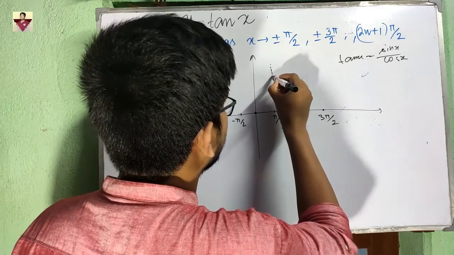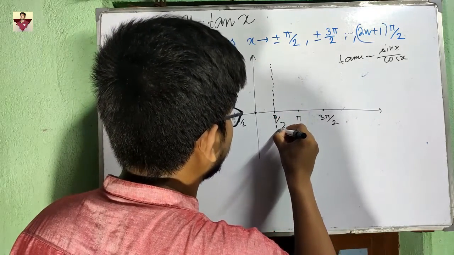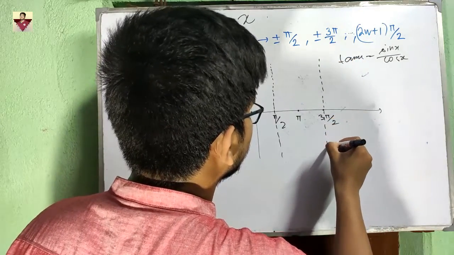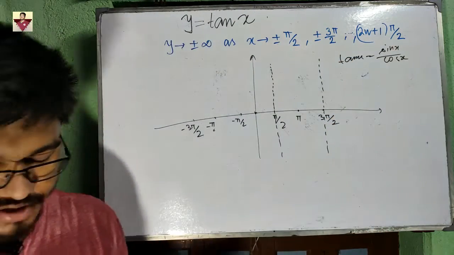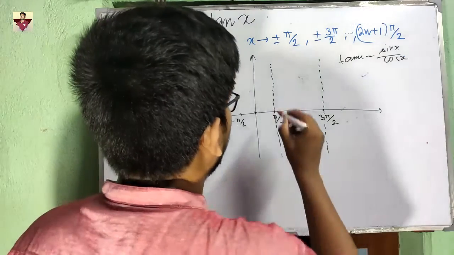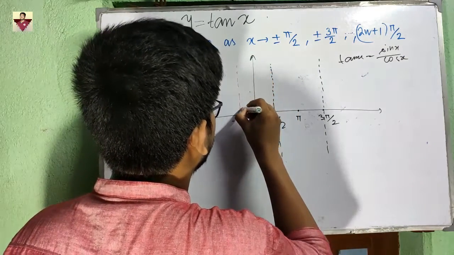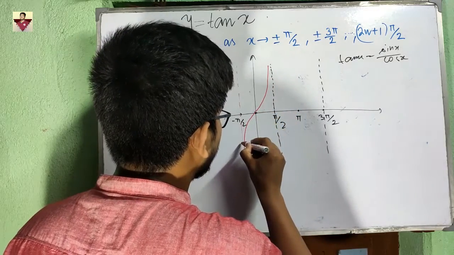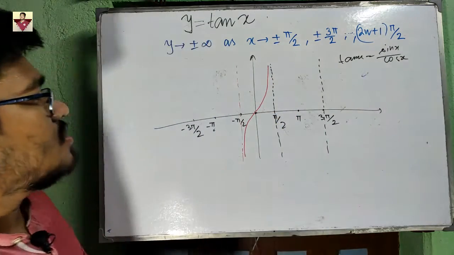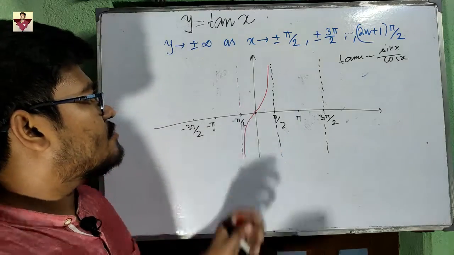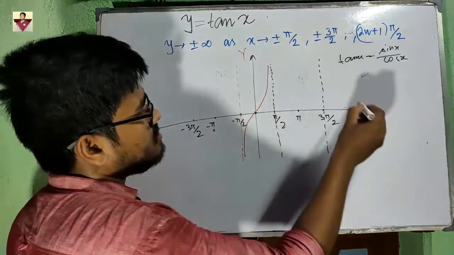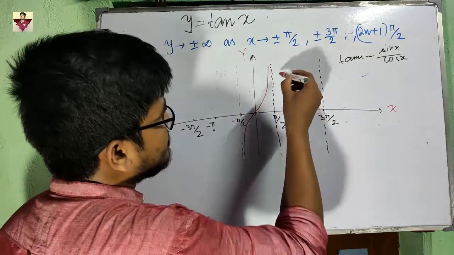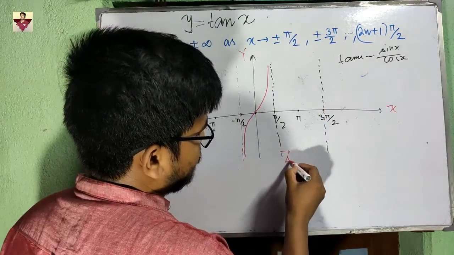So let me plot this dotted line here, it will be much easier. For tan x at x equal to pi by 2, the graph would be like this. As you can see, at x equal to pi by 2, tan x goes on diverging, and for minus pi by 2 also. So you can say this one is an asymptote.